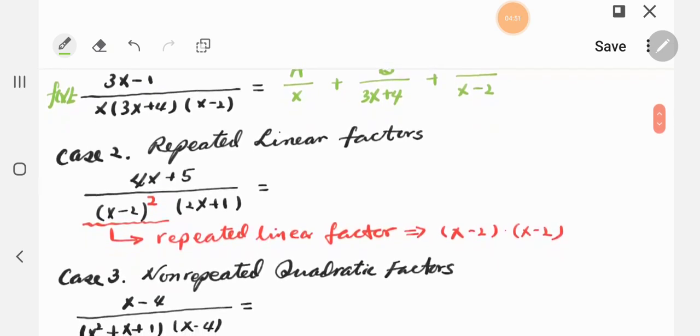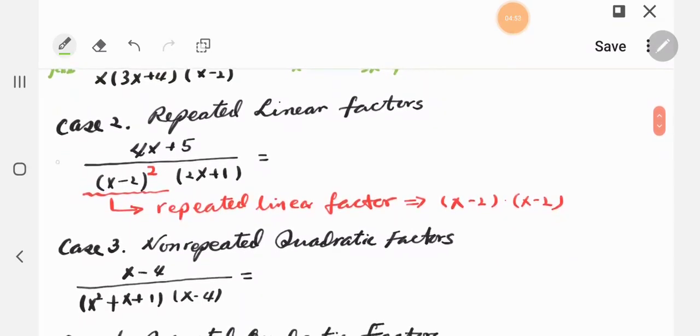Repeated means, as you see here in f of x, the factor x minus 2 is multiplied twice. That means x minus 2 is repeated twice. So x minus 2 is a repeated linear factor.